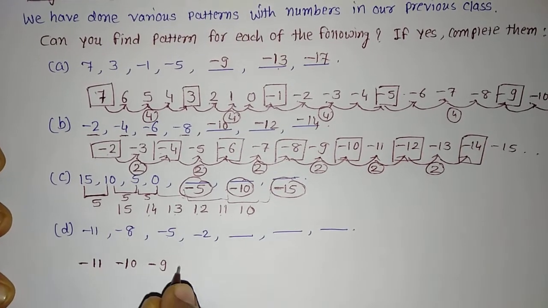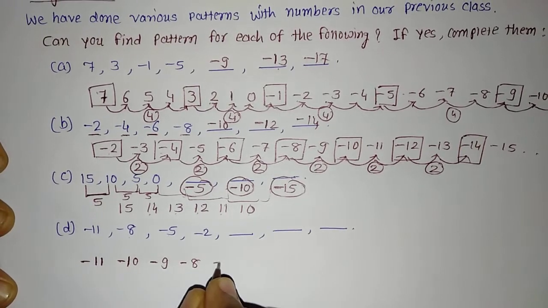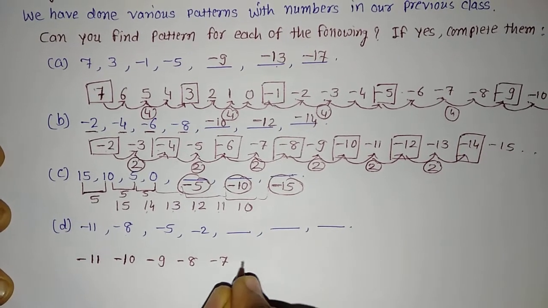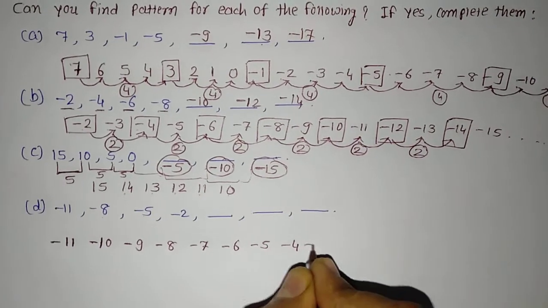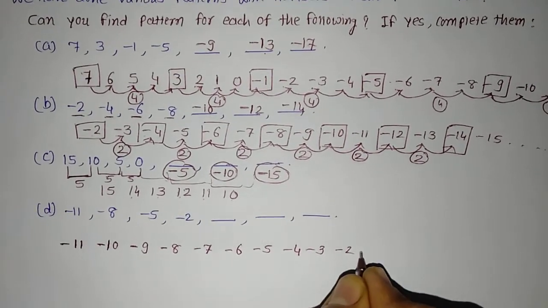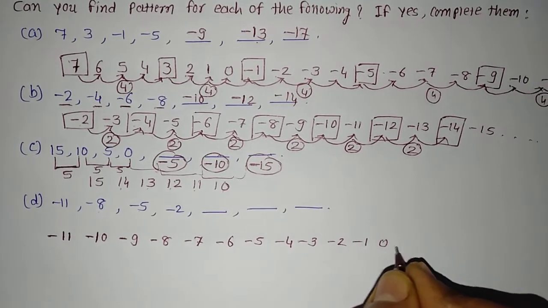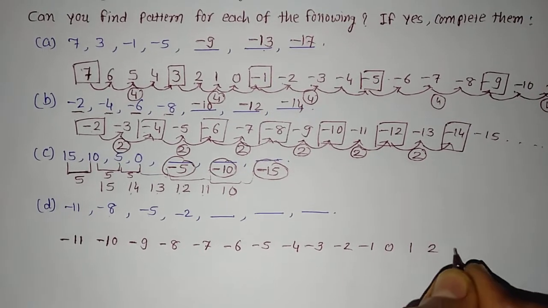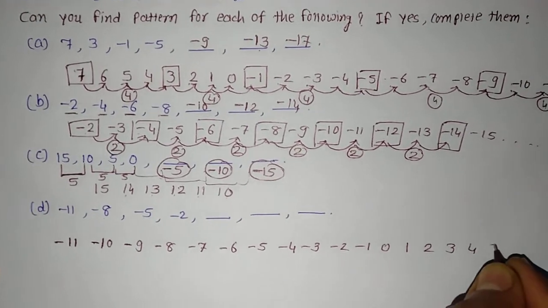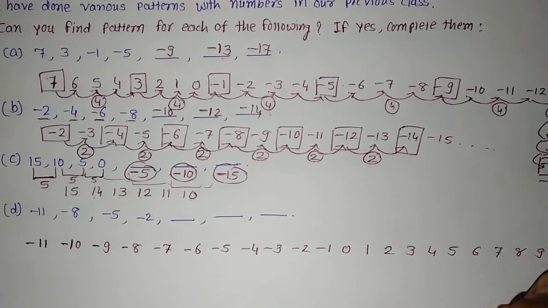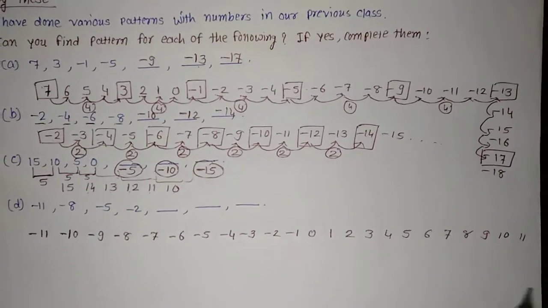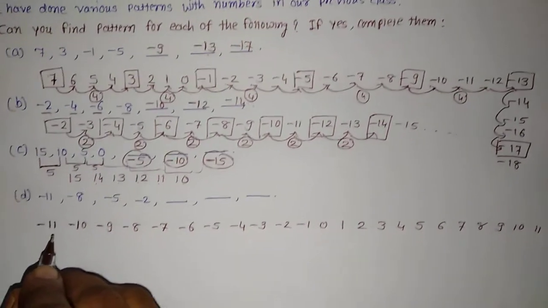Next it is minus 9, minus 8, minus 7, minus 6, minus 5, minus 4, minus 3, minus 2, minus 1, then 0. Then the increasing numbers will be 1, 2, 3, 4, 5, 6, 7, 8, 9, 10, 11, and so on. Let us find out the pattern.